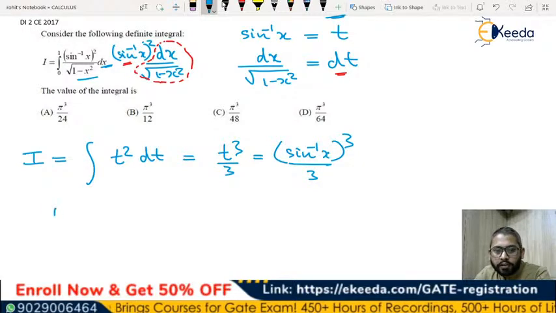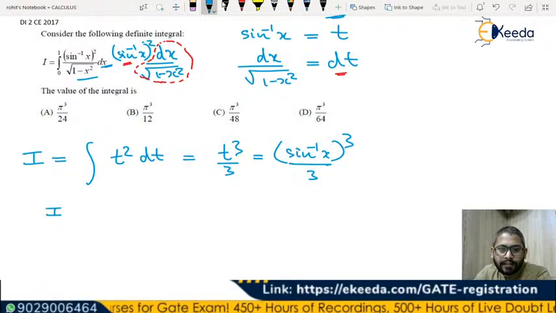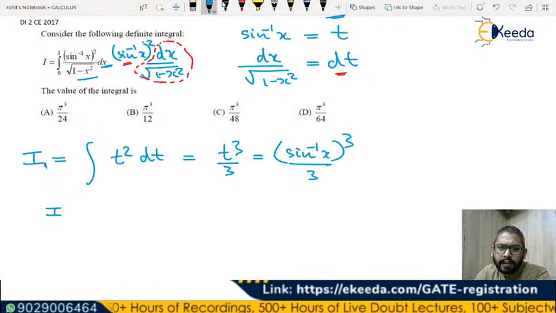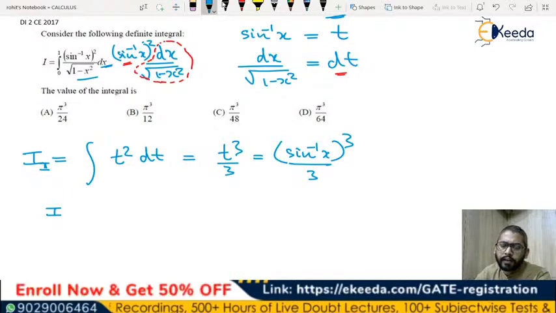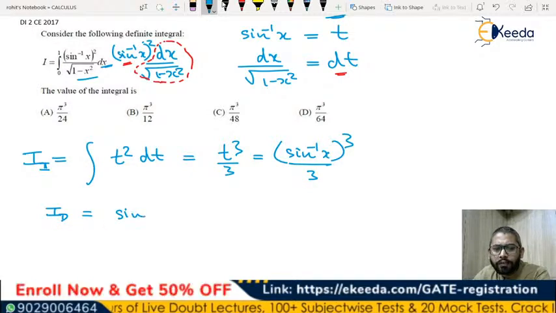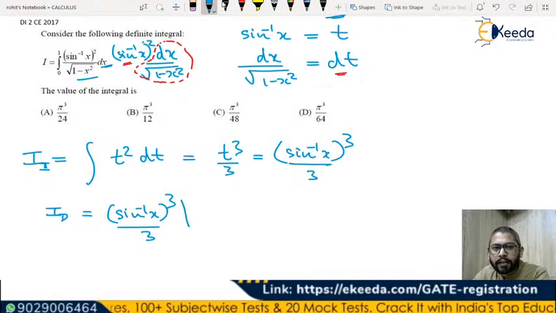Let's say this is I indefinite, and this is I definite. So I'm putting the limits, sine inverse x cube by 3, the limits are 0 to 1.